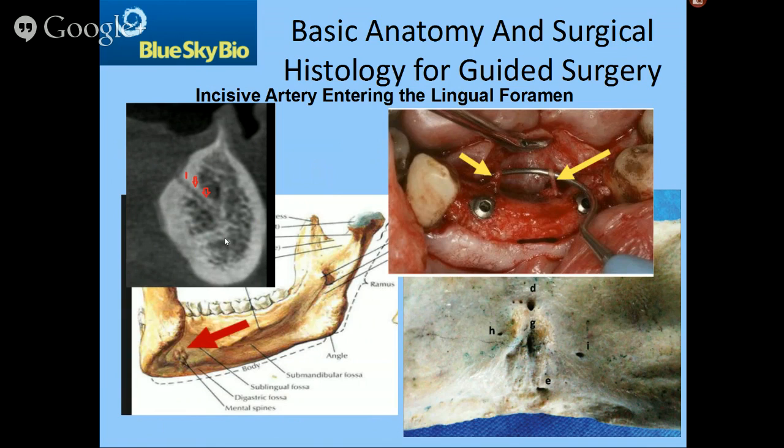Now, many people say as long as you are anterior to the exit of the nerve, which is the mental foramen, somewhere in the premolar area. That's one of the reasons why you take a cone beam, to isolate where it is. As long as you're anterior to that, you'll be okay. Some people talk about an extension of the inferior alveolar nerve. We'll talk about that later when we go through a cone beam ourselves.